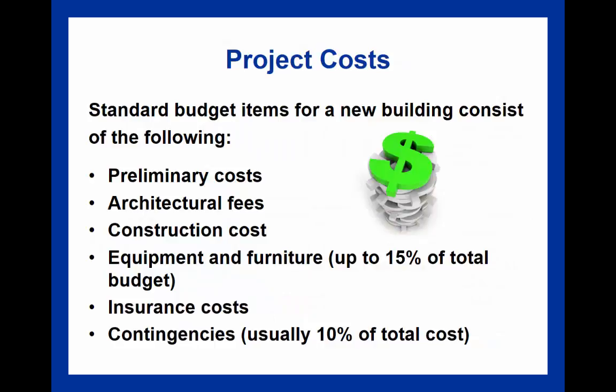Projected costs for that project are certainly important, and standard budget items really consist of the following. Preliminary costs such as acquiring or paying for the site, helping to develop the site, any sort of legal fees associated with acquiring the site, which is the land, the cost of putting forward a bond, promotion, publicity, et cetera, maybe even dealing with consultants.